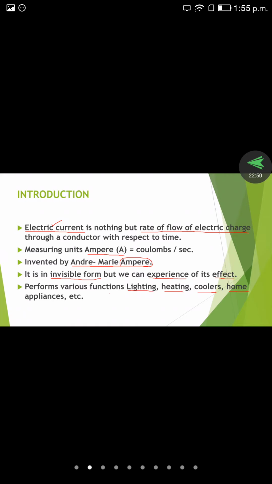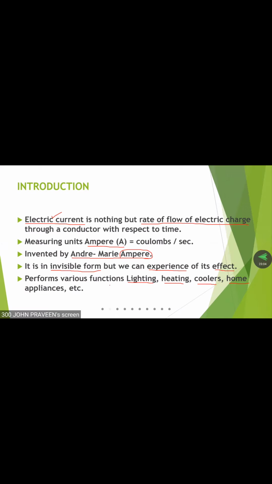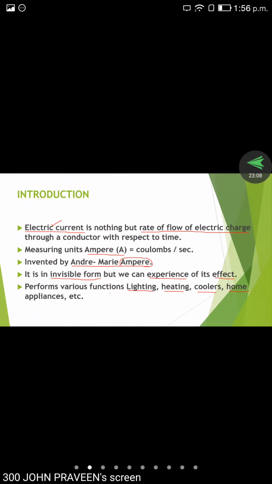Simply, we cannot live without electricity. In our daily life we utilize electricity in various applications. From morning to evening or night, everything works on electricity only.